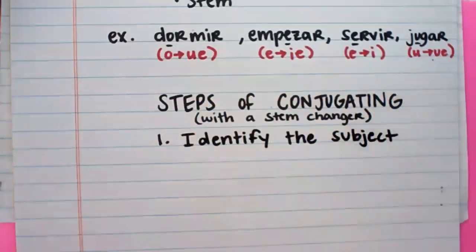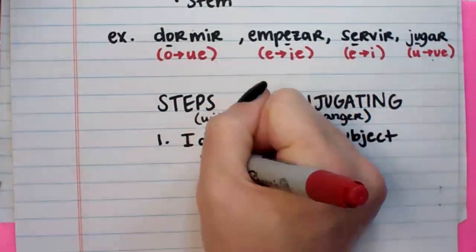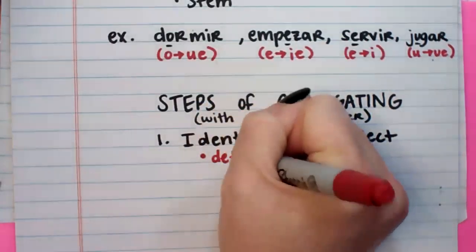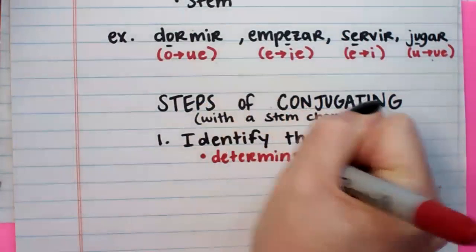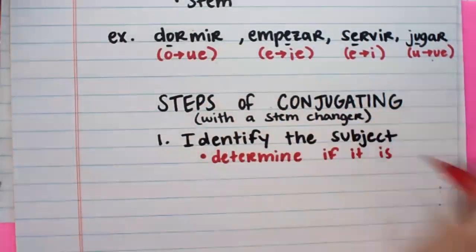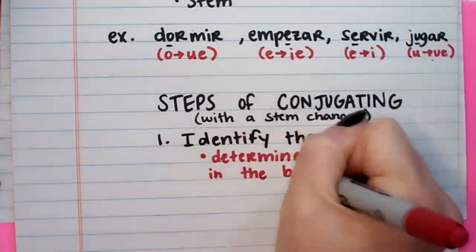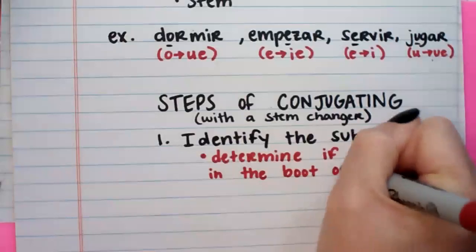The reason we are going to do this first is because our subpoint is going to be to determine if it is in the boot or out of the boot.